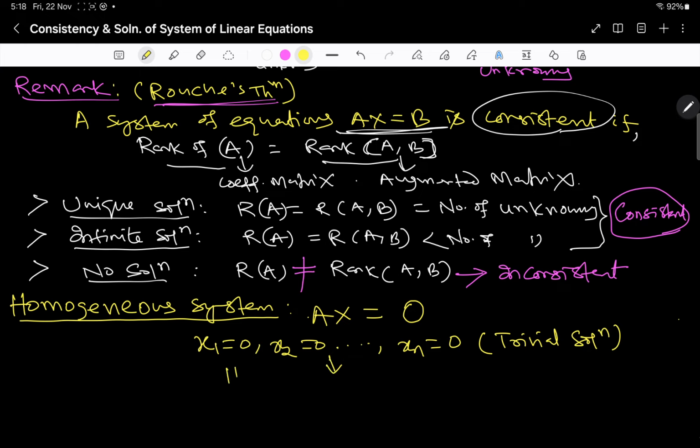So a homogeneous system always possesses a trivial solution, a solution. Therefore it is always consistent.